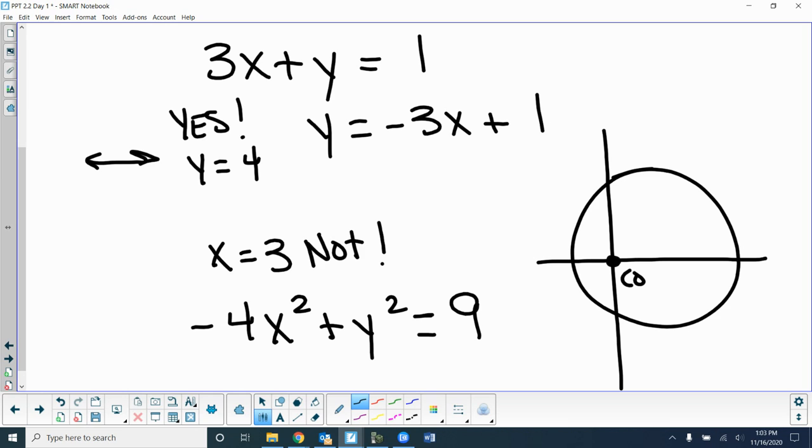Will that only have one y value, or are there more than one? There's more than one, right? There's a point here that's (0, 3). And this one is like (0, -2), let's just say. So when x is 0, I got 2 different y values. That's not a function. So if you see a problem tonight on homework or on the quiz next Tuesday, if you see an x squared and a y squared, if it's a circle, it's not a function. It's still a relation. It's still a set of ordered pairs. It's just not a function.